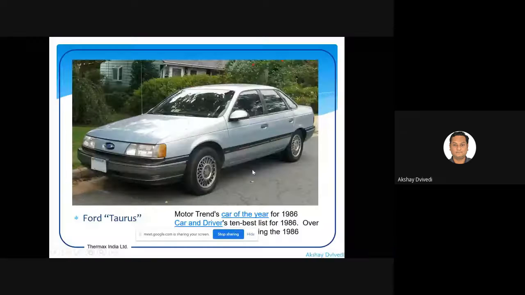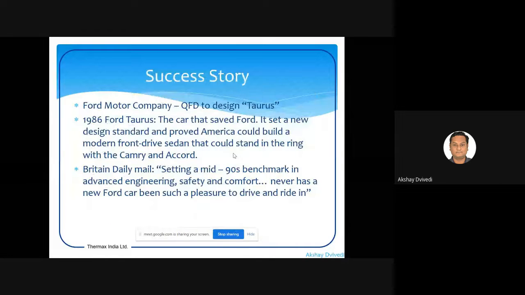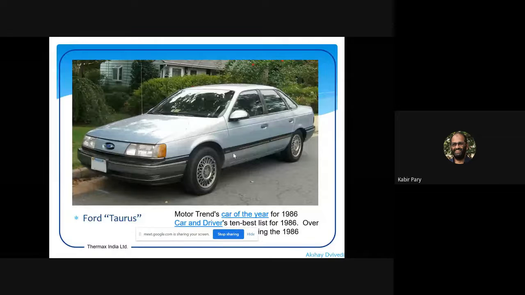Okay. Well, what has happened? Now? Yes, the Ford car photo? Yes, yes. Okay, thank you.